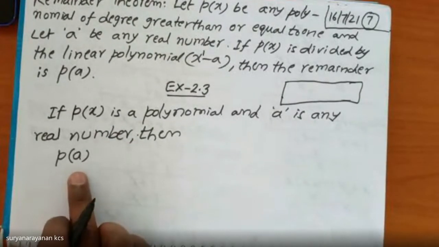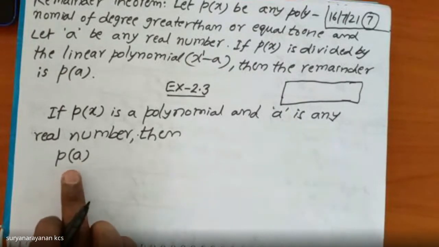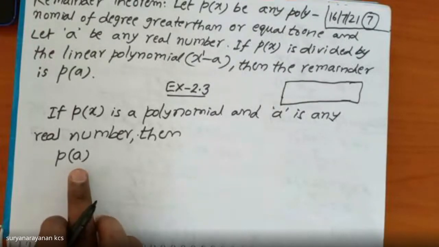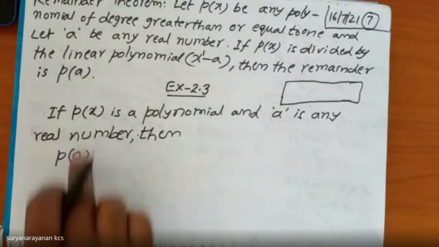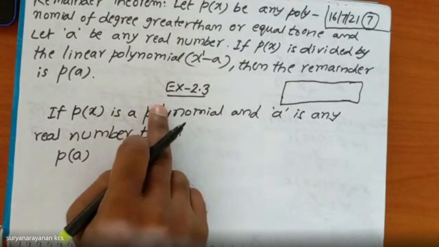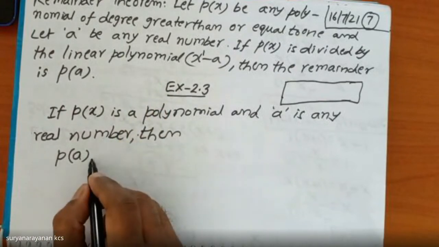So, in the previous exercise, we discussed that this notation gives the meaning of the value of the polynomial p of x when x is equal to a. Now, come to this next exercise 2.3 for the same notation.